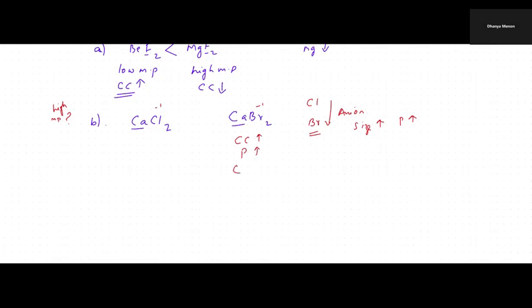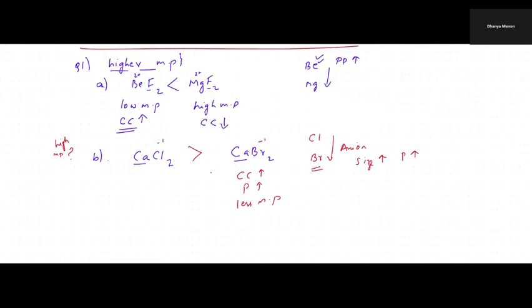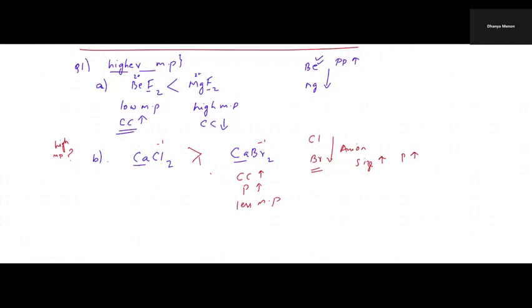If the covalent character is more, what about the melting point? Less melting point. If it has less melting point, who has the higher one? Calcium chloride. Right? Because they have not asked to arrange it according to covalent character. They have asked you to arrange according to the melting point.